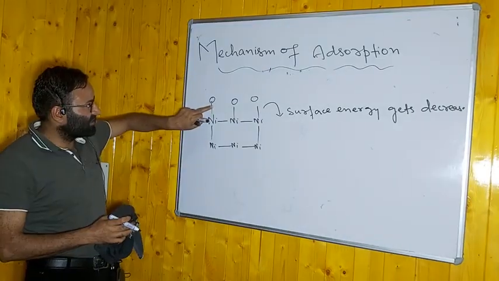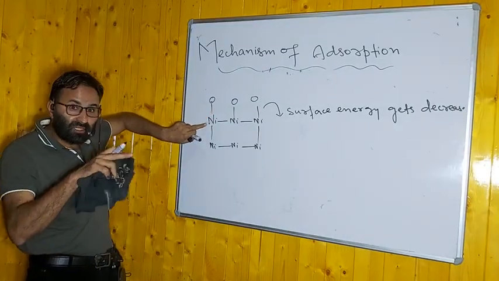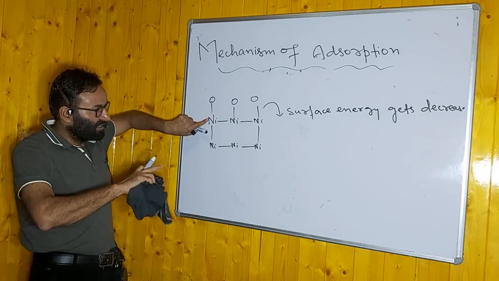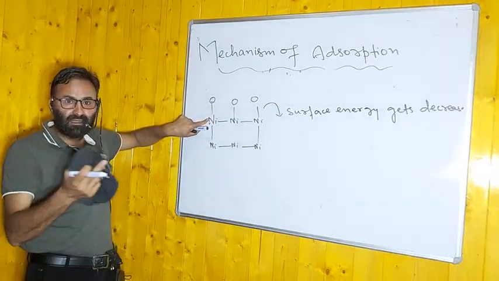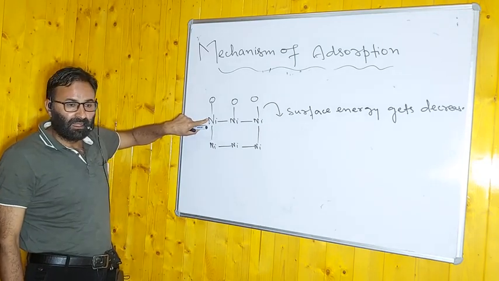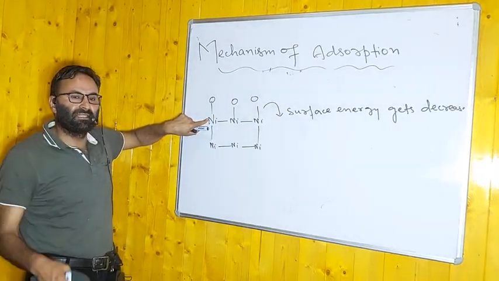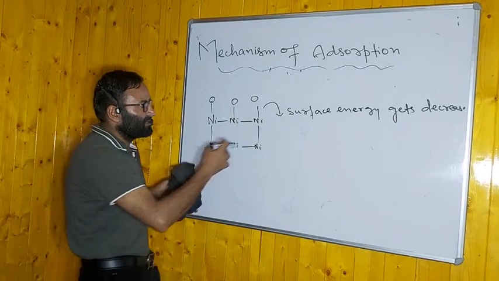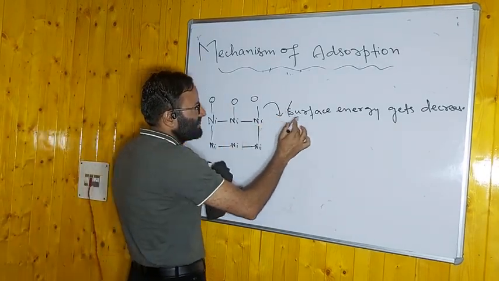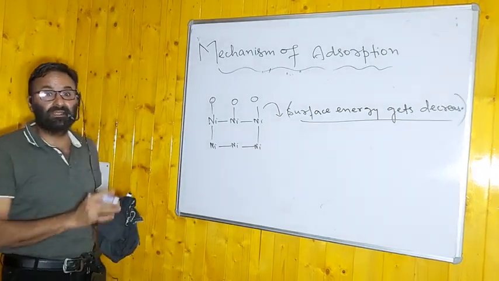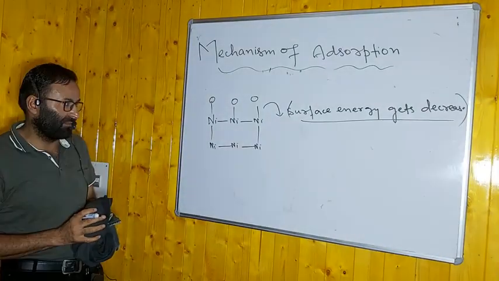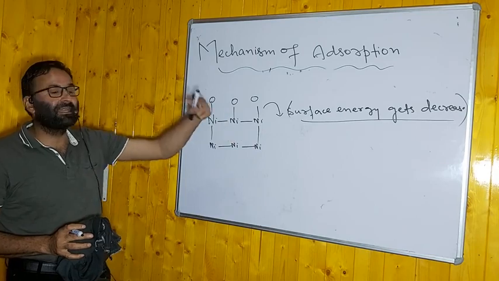When energy gets released, the valencies get satisfied, stability comes on the surface of nickel, and the surface energy gets decreased.